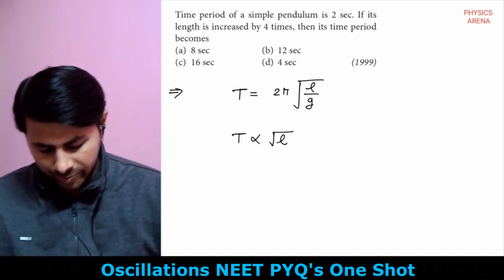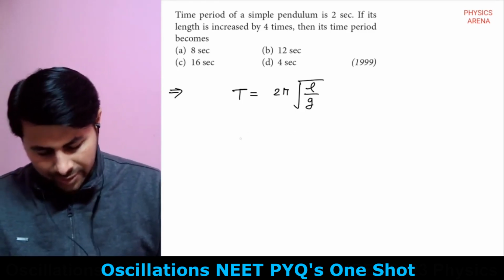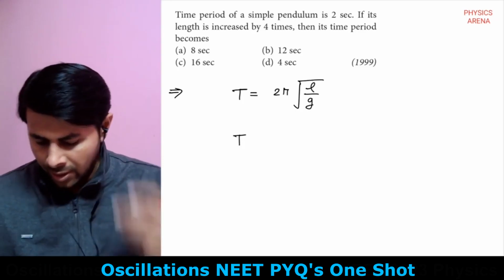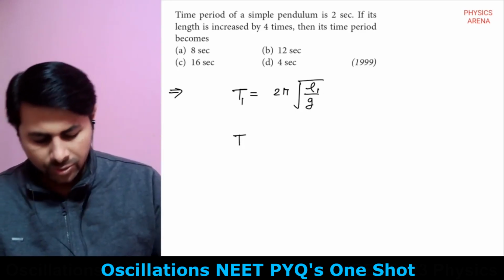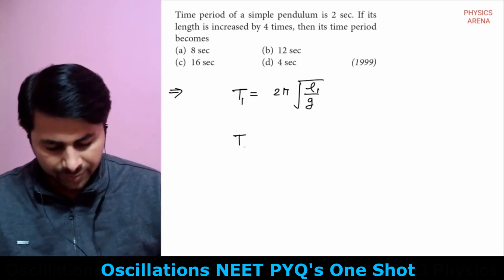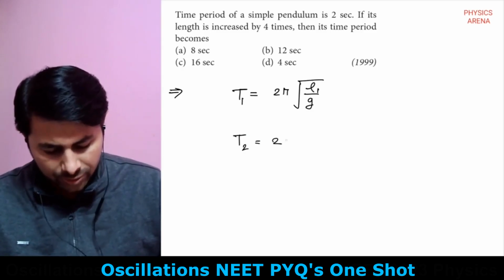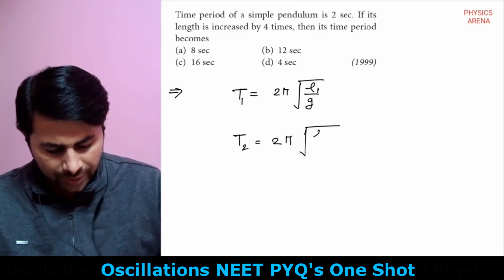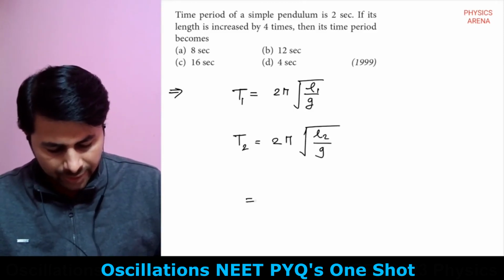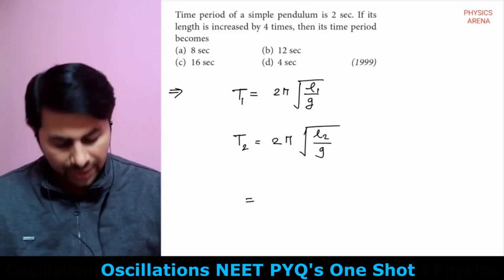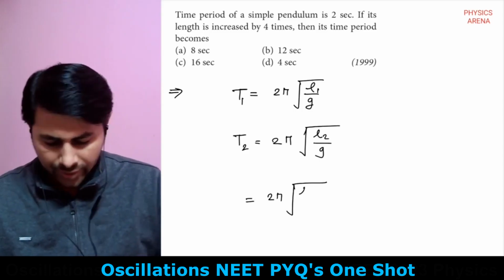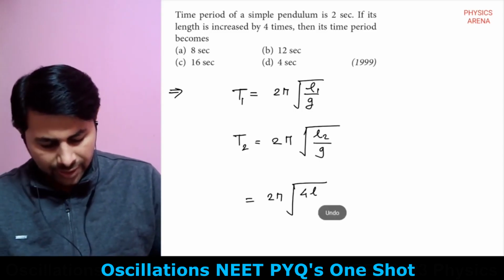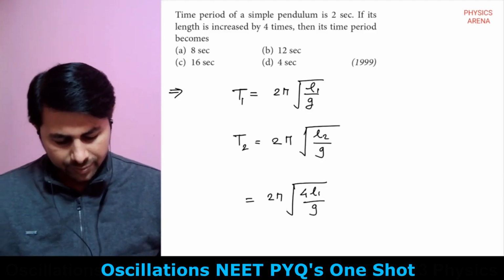So length becomes 4 times. Let's say T1 equals 2 pi root of L1 by g, T2 equals 2 pi root of L2 by g, and L2 equals 4 times L1. So it is 2 pi root of 4 times L1 upon g.